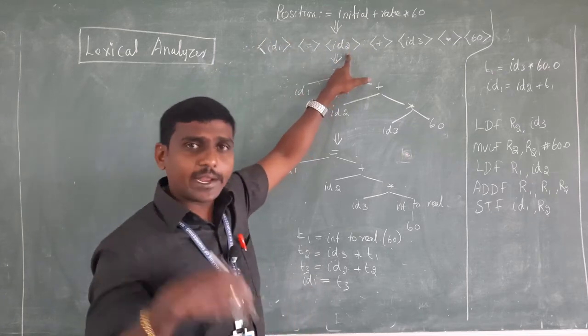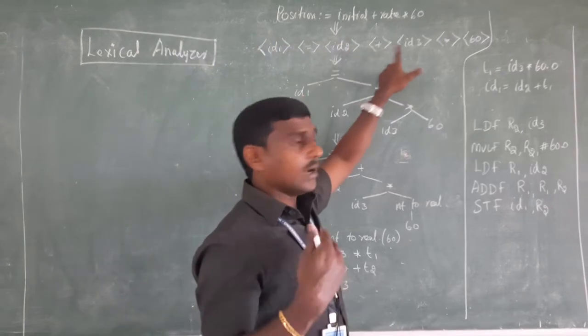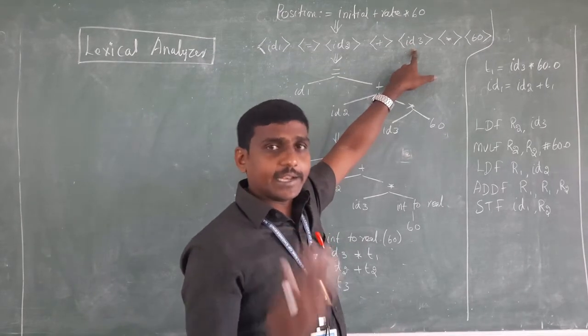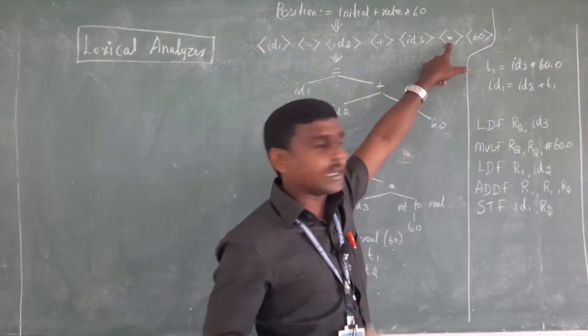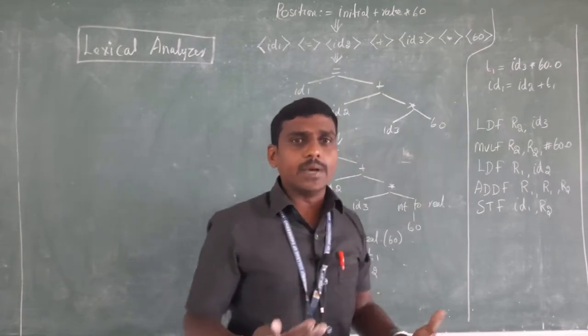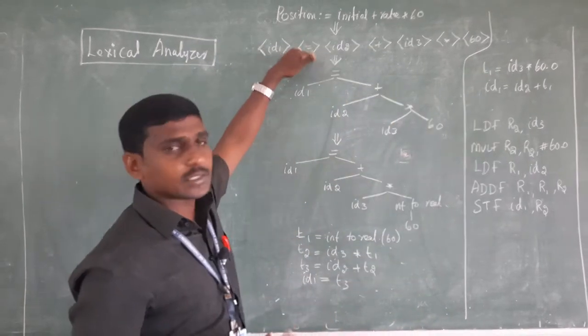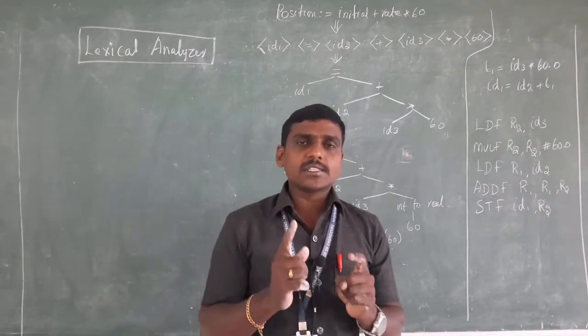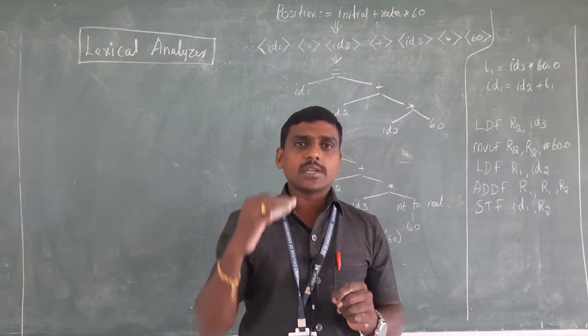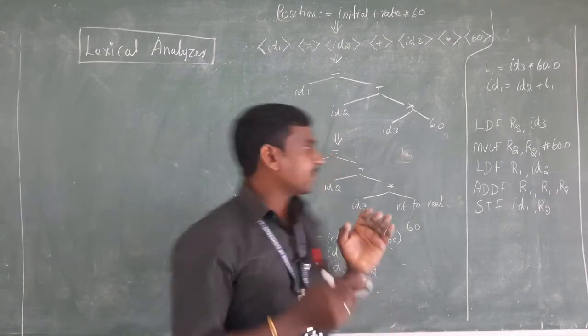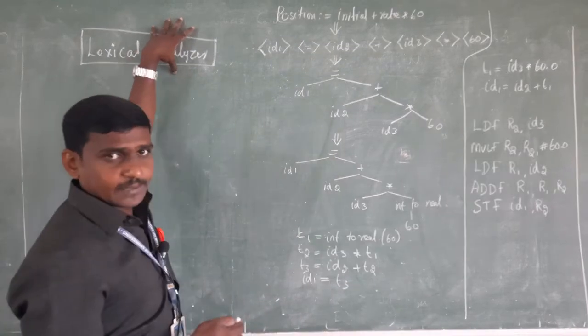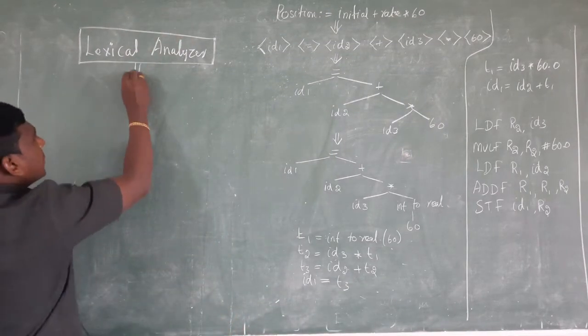Initial is converted into ID2 and plus is an operator. Rate is ID3, an identifier. Star is an operator. 60 is a number. Like this, it is converted into tokens. So the first step is that the source program is converted into tokens, that is the duty of the lexical analyzer. So what we get is tokens.